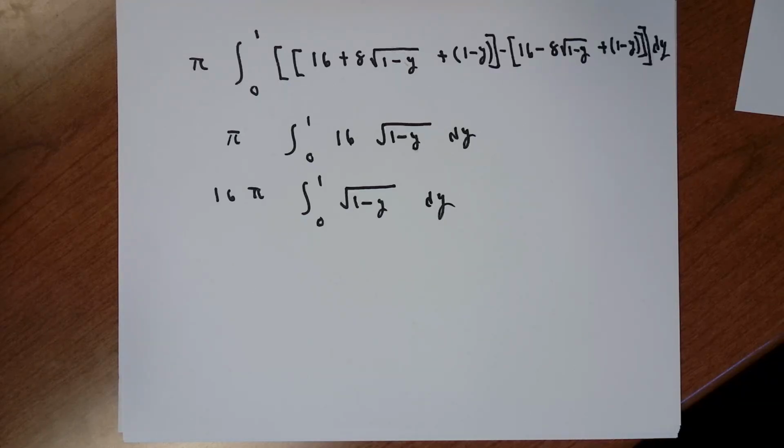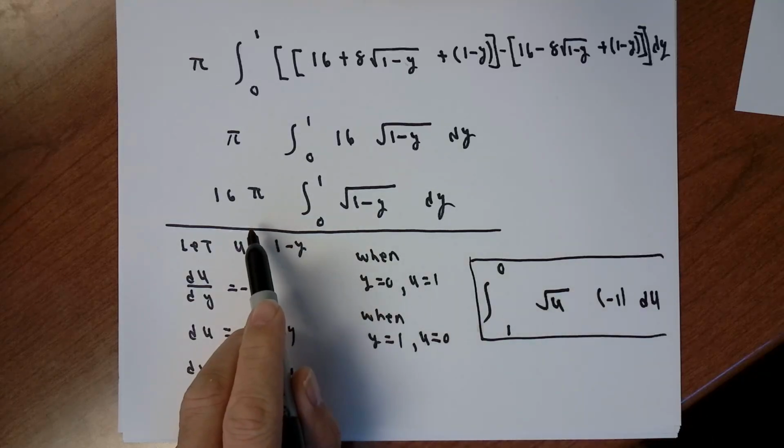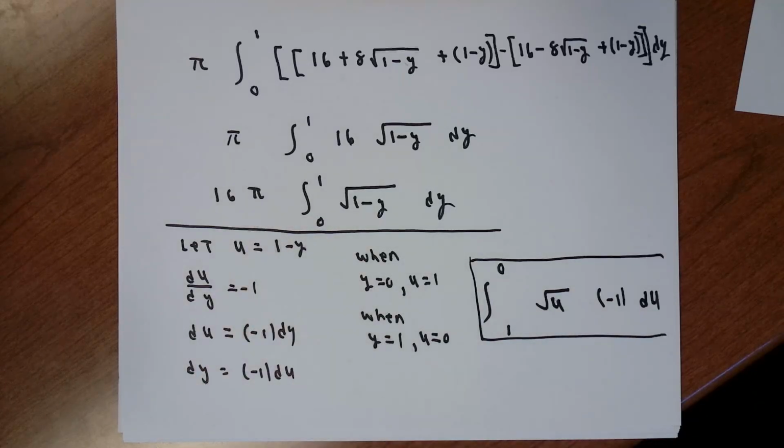Another way would be to do a u substitution again, but this time make everything in terms of u, and then do it that way. For variety, I'll do it that second way. If we can evaluate this integral, then we'll just multiply it by 16 times pi and have our answer.